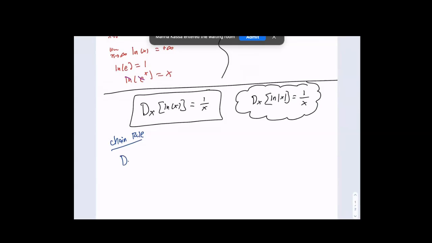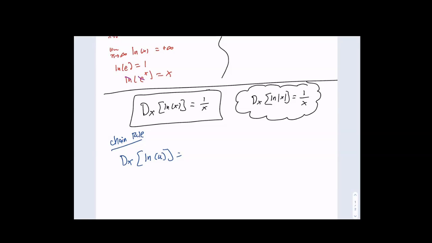The derivative with respect to x of the natural log of u. Now, let's think about this, and I want your help here. Think about how we change the derivatives with x's and u's. So what do you think the derivative is? If you've understood how the power rule works, and how the trig derivatives work when we're talking about the chain rule, then this rule is exactly the same, following the pattern from the previous one.